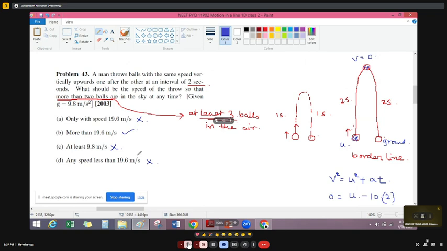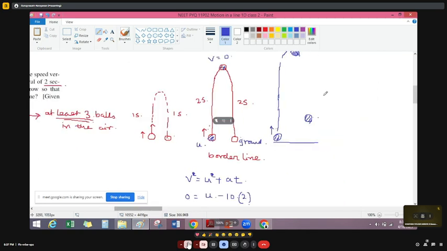They may change the situation to say more than 3 balls. So for more than 3 balls, it will be 2 seconds, and I think you will have to take this added. That means 3 seconds to go up and 3 seconds to come down.